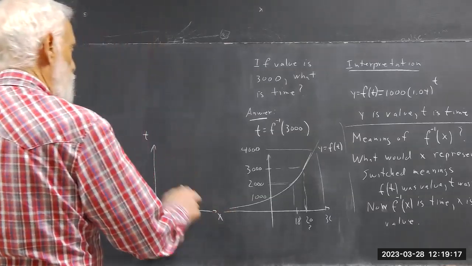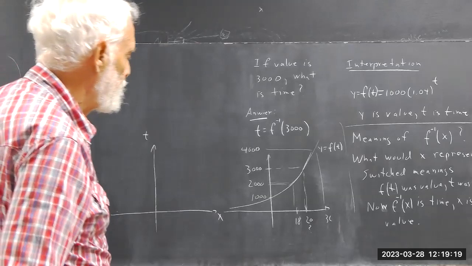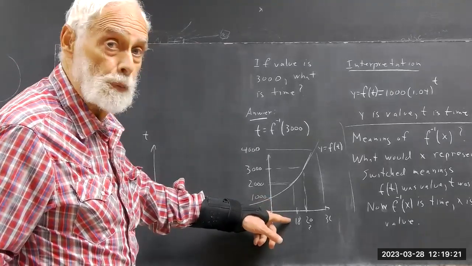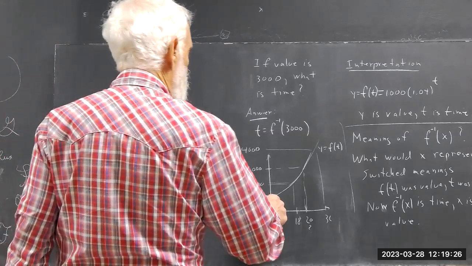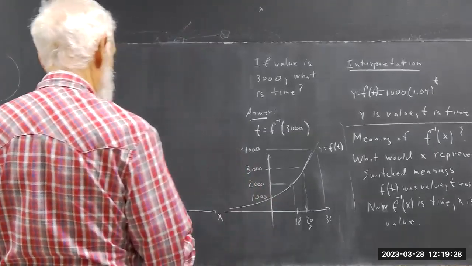X is my value, T is going to be the time, and I switch the coordinates of all these points. So 0, 1,000 becomes 1,000, 0.